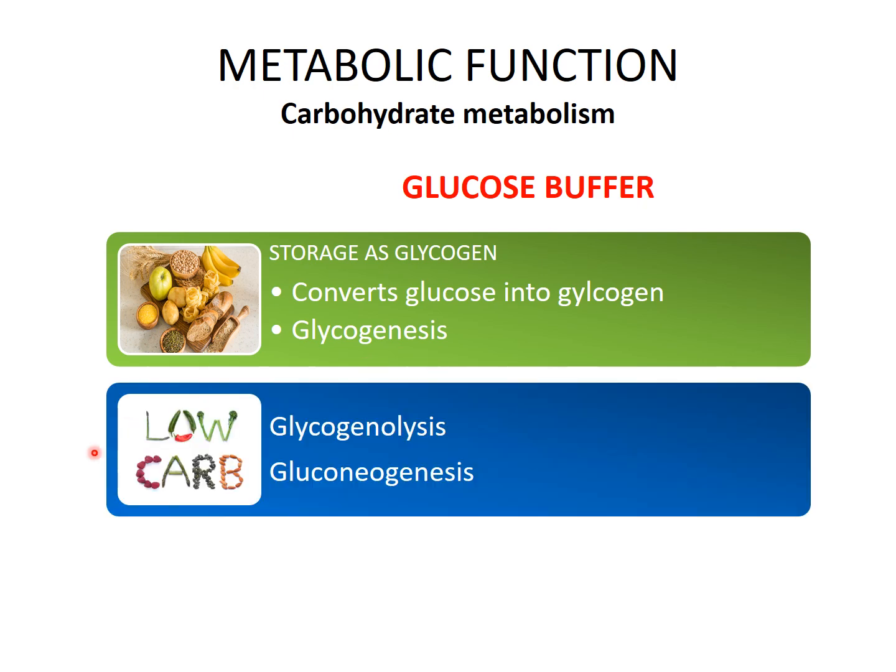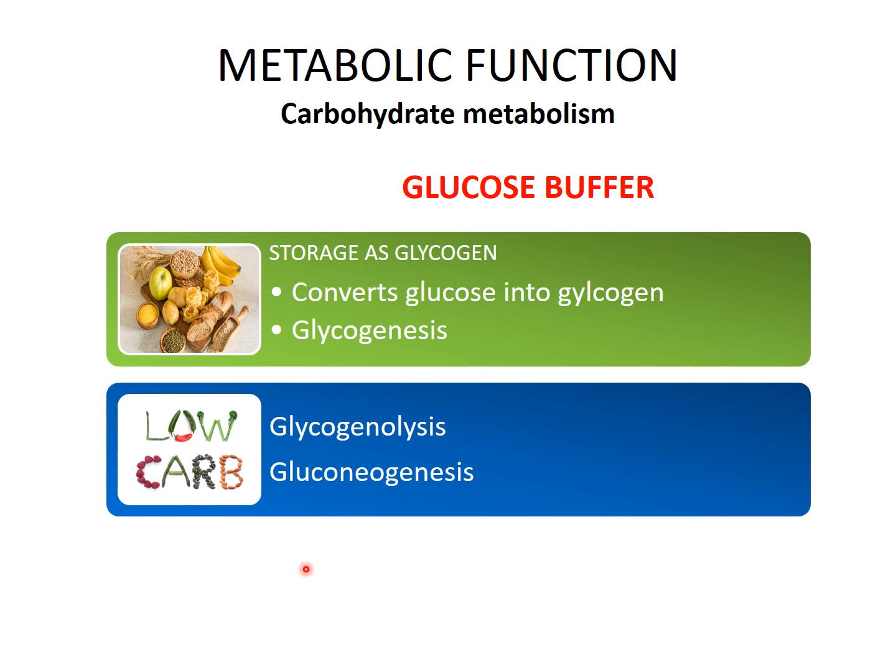Whenever we take a diet that is low in carbohydrates, or in starvation when the body is deprived of glucose, this stored glycogen will be lysed and converted into glucose, which can be used as a source of energy. It can also convert some amino acids into glucose, which can again be used as a source of energy, and this process is known as gluconeogenesis. So the liver has an important metabolic role.